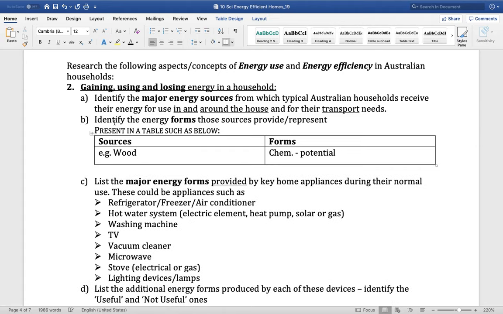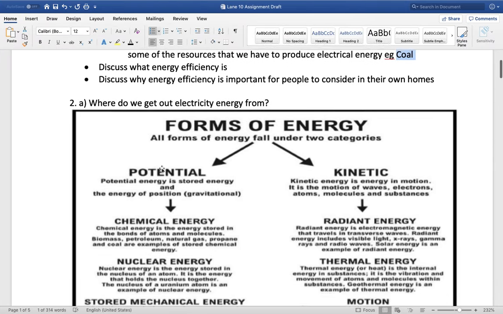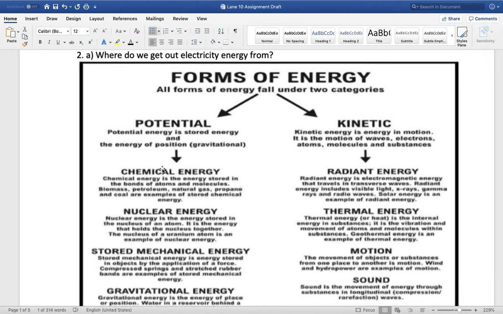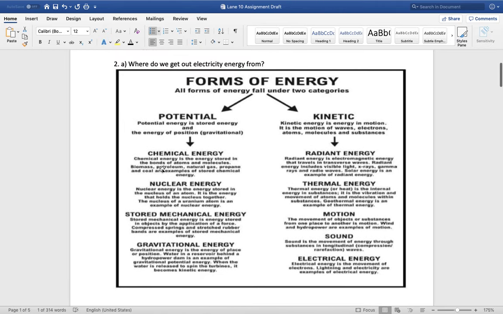Part B says identify the energy forms for those sources. Now, this goes back to your year 7, 8 and 9 science classes where we looked at energy and forms of energy. So we actually have 2 major categories of forms of energy. We have potential and we have kinetic.